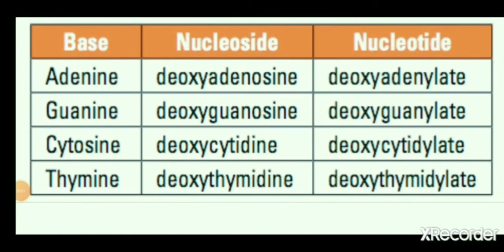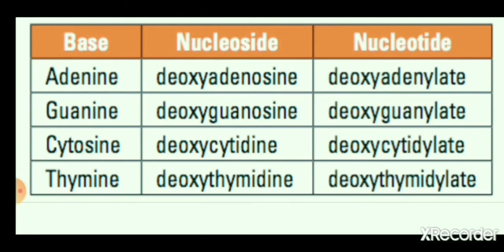Earlier we talked about nucleotides. What is a nucleotide? When a phosphate group or phosphate ion joins with a nucleoside, then it is called a nucleotide. The nitrogenous base and the sugar present in DNA are collectively called a nucleoside.